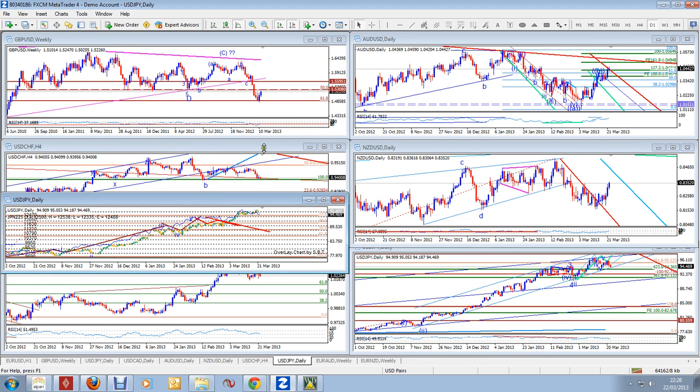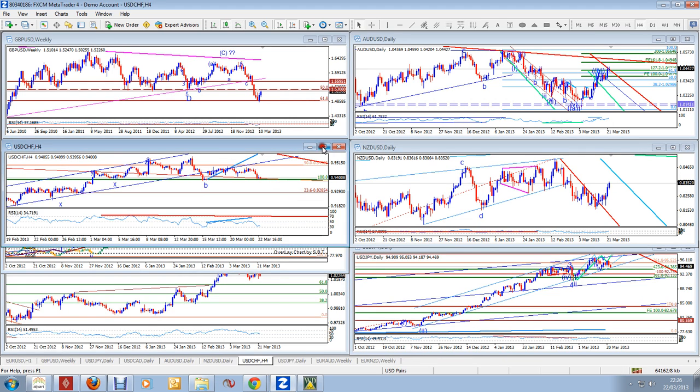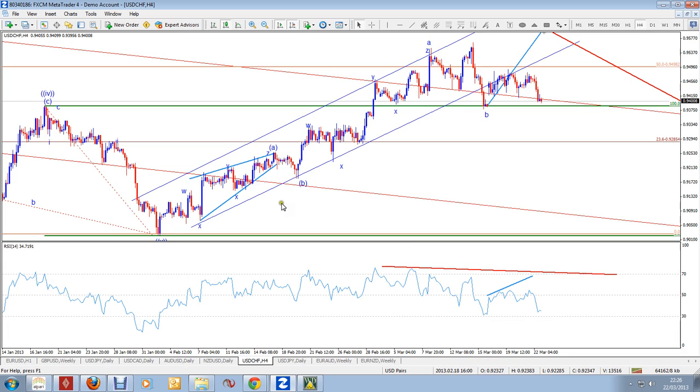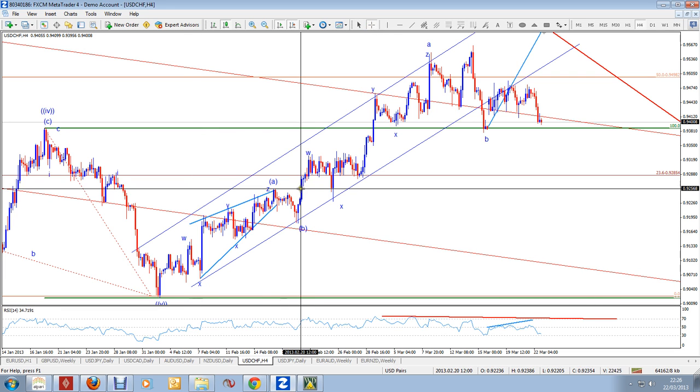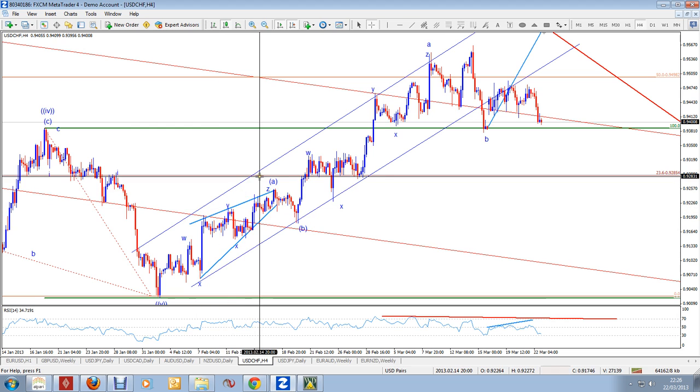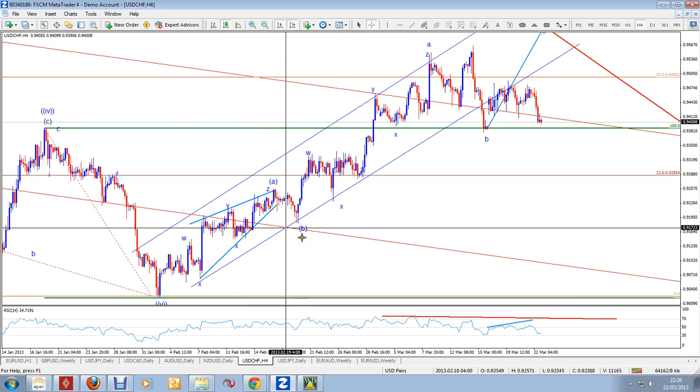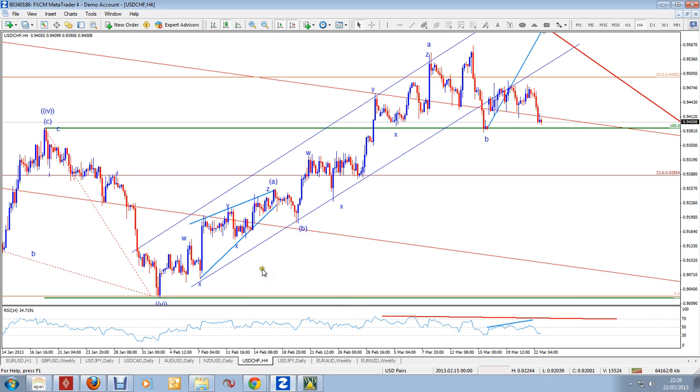On the US dollar pairs, the first one we are looking at is the dollar Swissy. Now, like the dollar index, the dollar Swissy has also already finished this rising trend line or trend channel. In here it has been difficult to label them in the sense of a normal 1, 2, 3, 4 and 5.